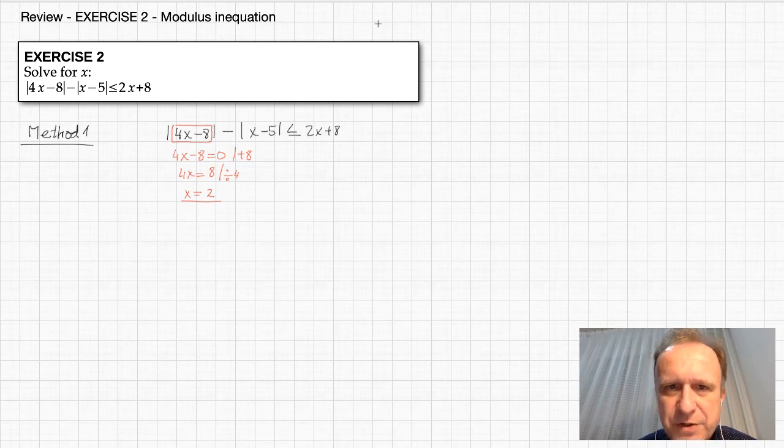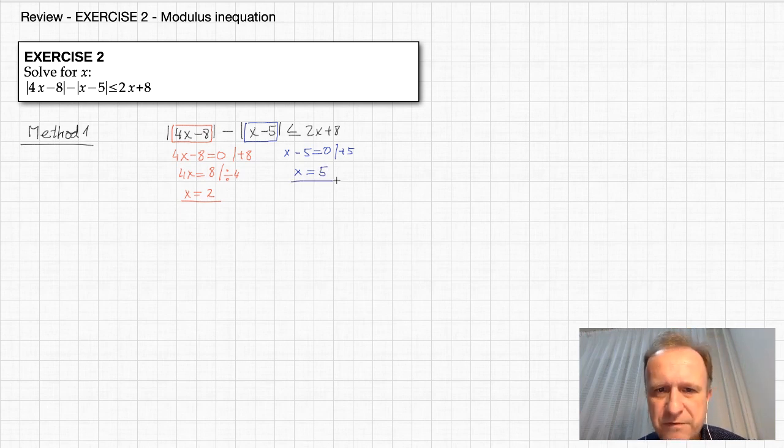The second expression with modulus has the interior of x minus 5, so we obtain its zero by demanding that x minus 5 is 0, and hence by adding 5 to both sides I get the zero value of 5. Okay, so we have two zero values, 2 and 5.